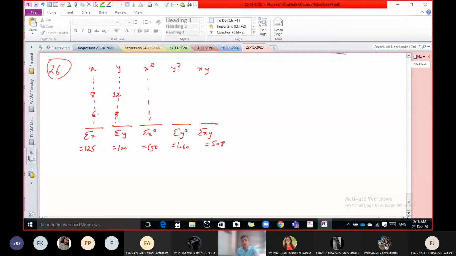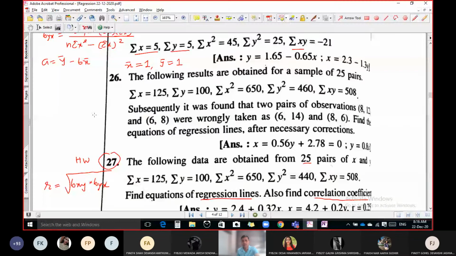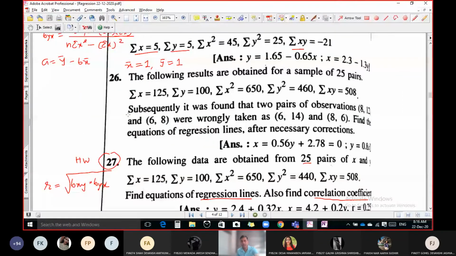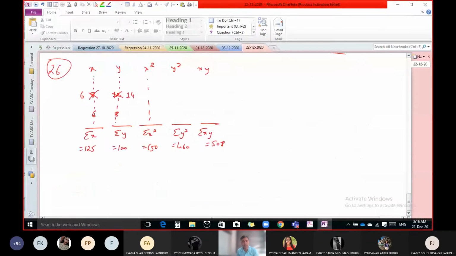So these are the two actual pairs, but they were wrongly taken as 6, 14, and instead of 6, 8, it is 8, 6. So that mistake is there. So in that case, what is our new regression coefficient?